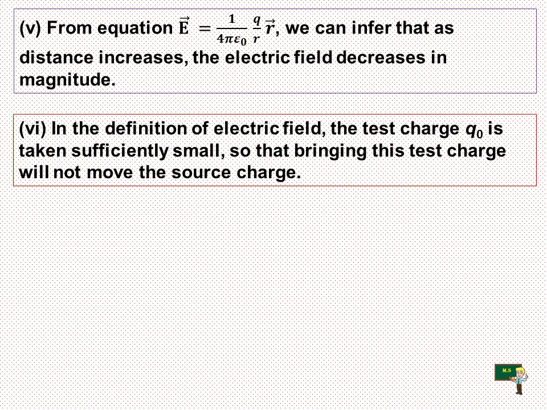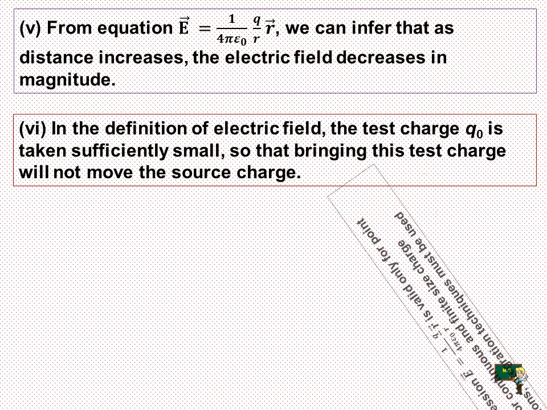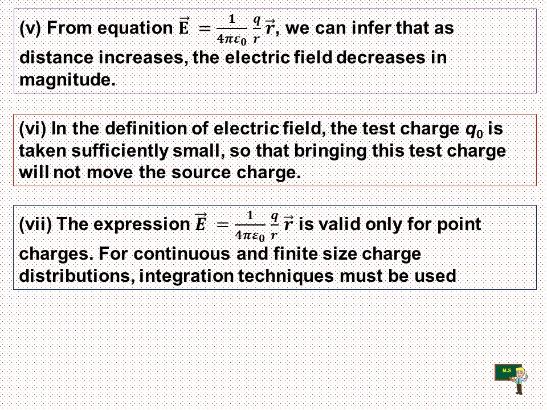Sixth point, in the definition of electric field, the test charge Q0 is taken sufficiently small so that bringing this test charge will not move the source charge. Seventh point, the expression E is equal to 1 by 4 pi epsilon 0 Q by R square into R cap is valid only for point charges, and for continuous and finite size charge distribution, integration techniques must be used.